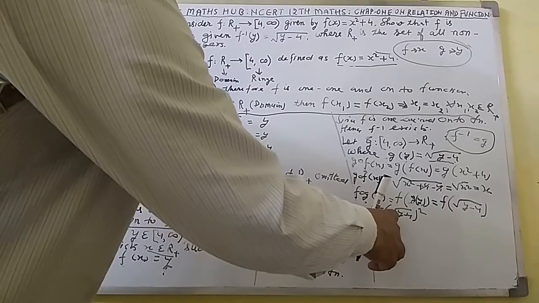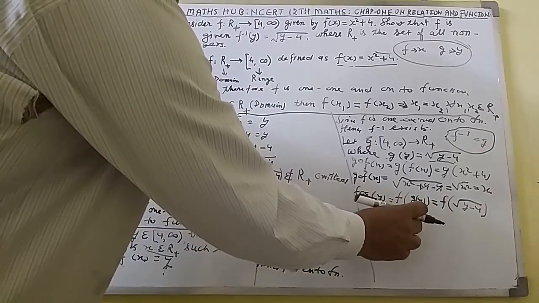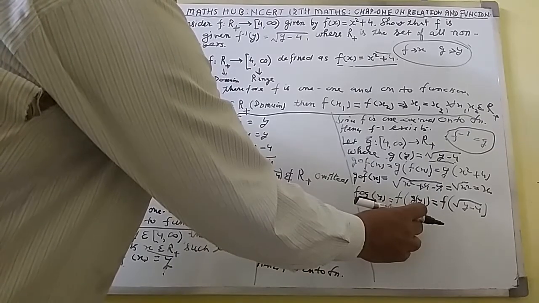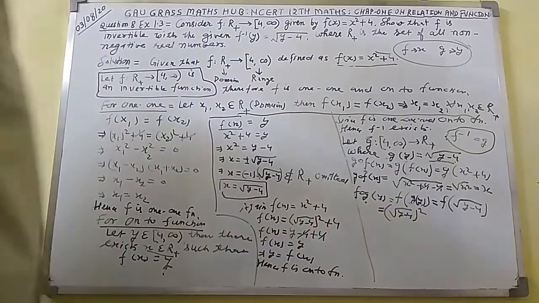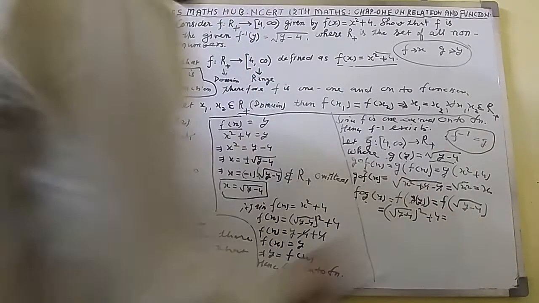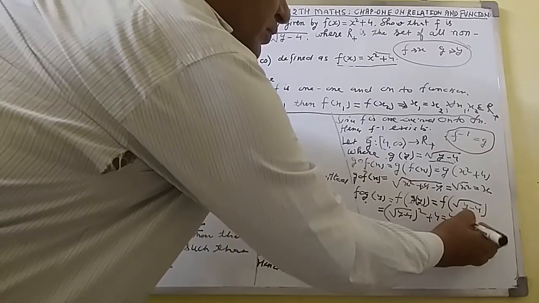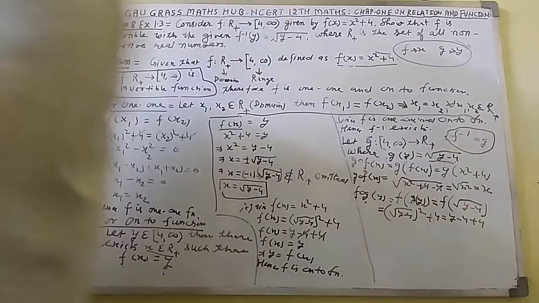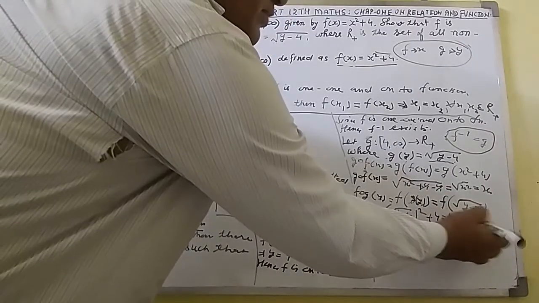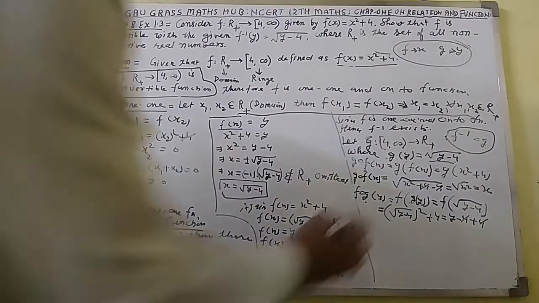X is equal to under root y minus 4, so in place of x, I have written under root y minus 4 whole square, plus 4 is there. So this will become y minus 4 plus 4, and minus 4 plus 4 will be cancelled out.